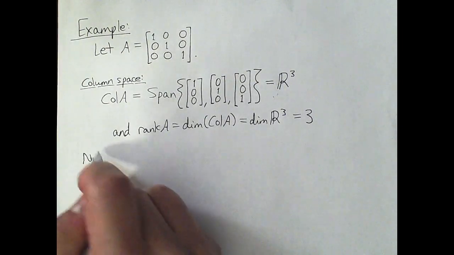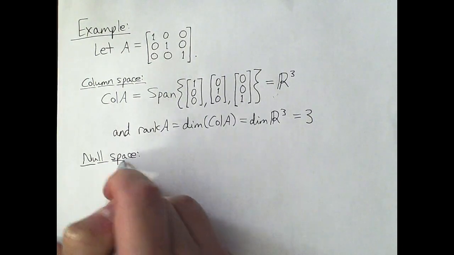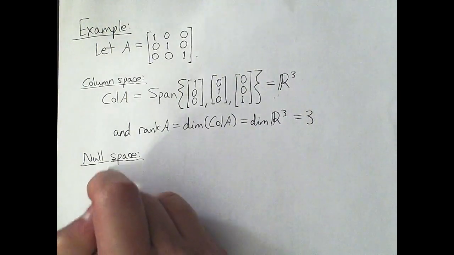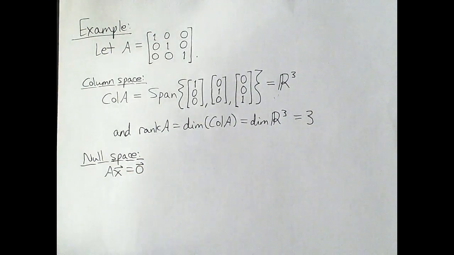How about the null space? What's the null space for this matrix? I mean, by the rank nullity theorem, I think I know what the nullity is going to be. But let's just go ahead and do this anyway. Ax equals 0. What does the solution set look like?